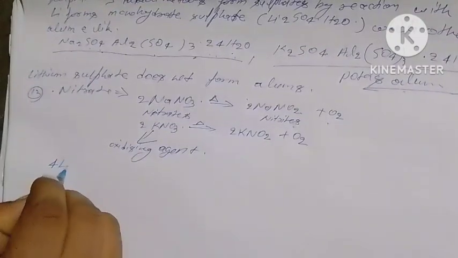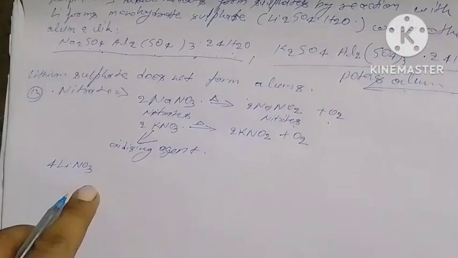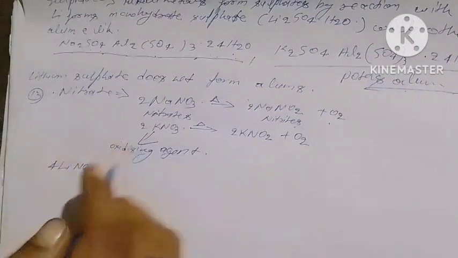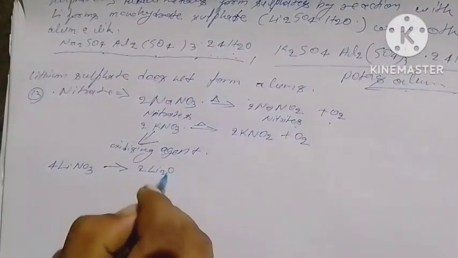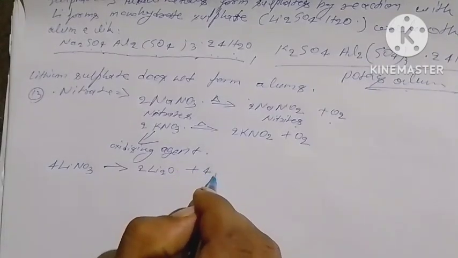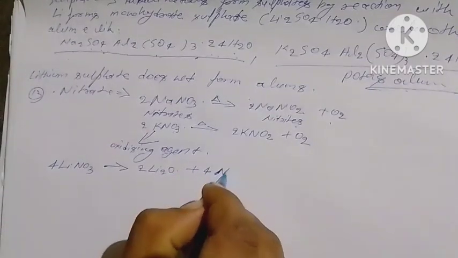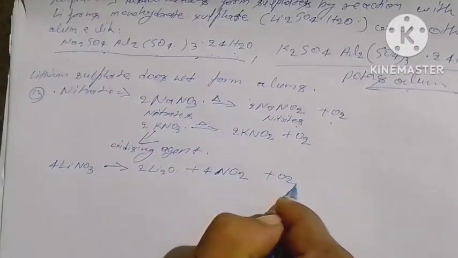4LiNO3. Lithium nitrate is decomposed into lithium oxide, 2Li2O, plus 4NO2 plus O2.